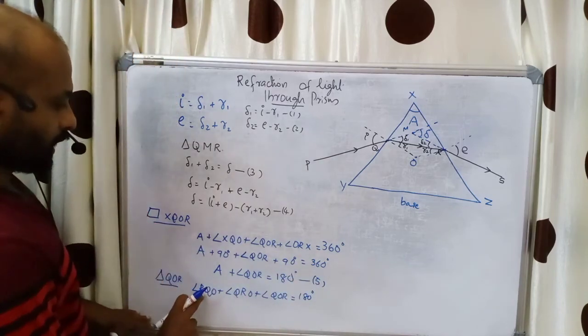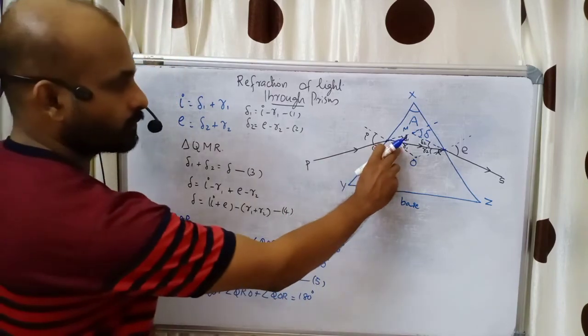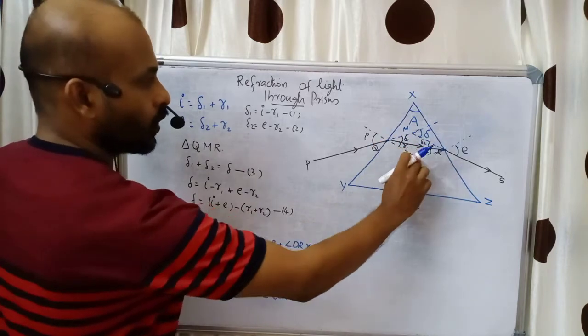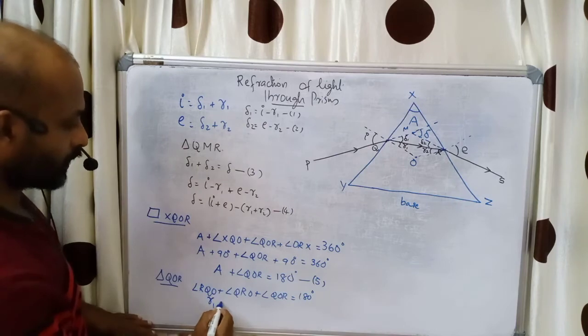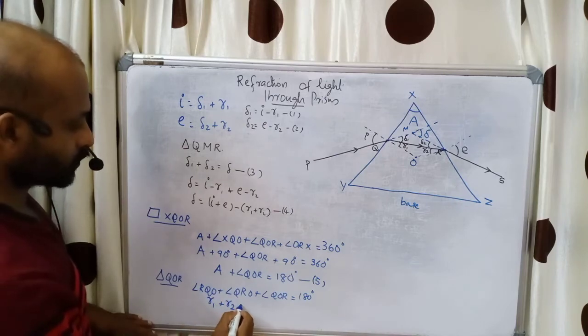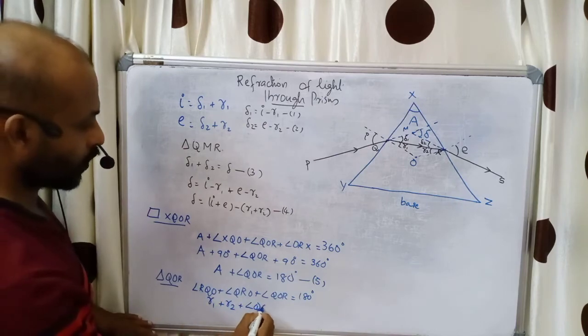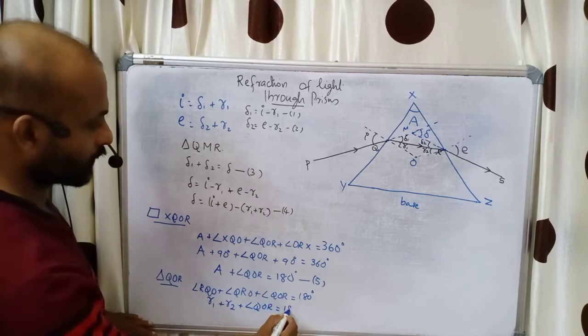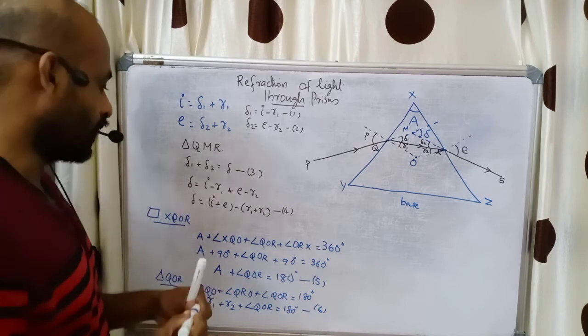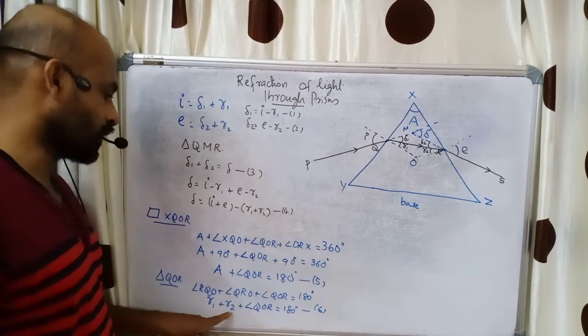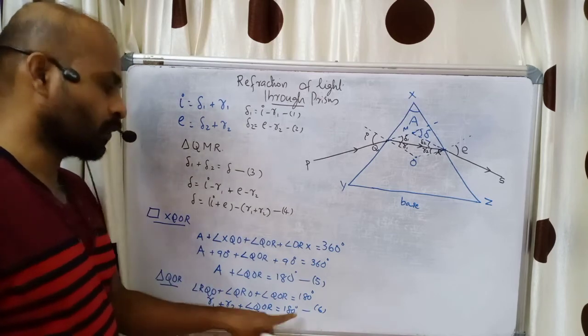But we know that angle RQO is R1. Angle QRO is equal to R2. So we can substitute here R1 and R2. So R1 plus R2 plus angle QOR should be equal to 180 degree. Equation number 6. So from the triangle, finally what equation we have got? R1 plus R2 plus angle QOR is equal to 180 degree.